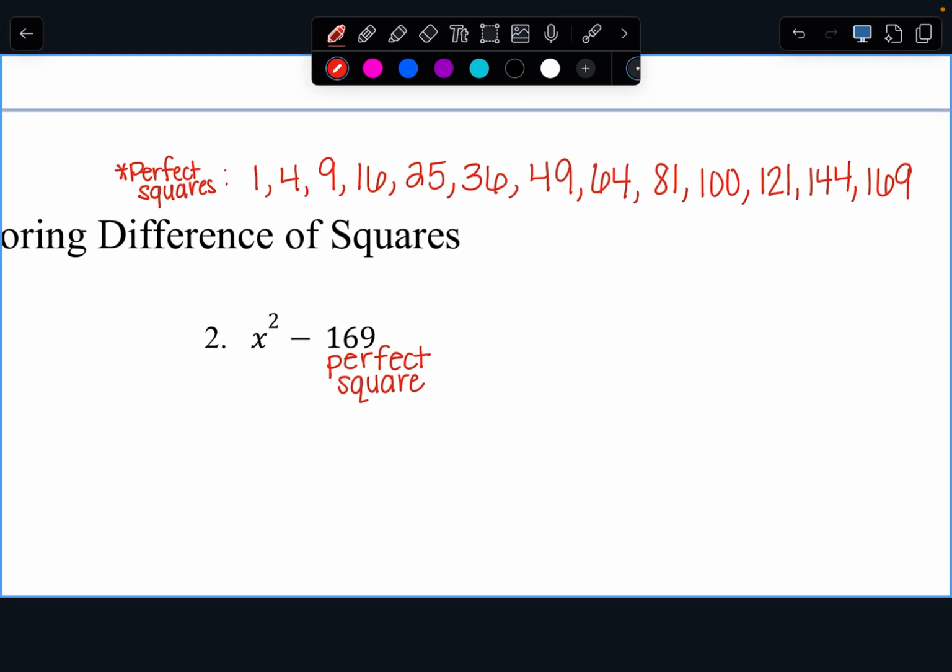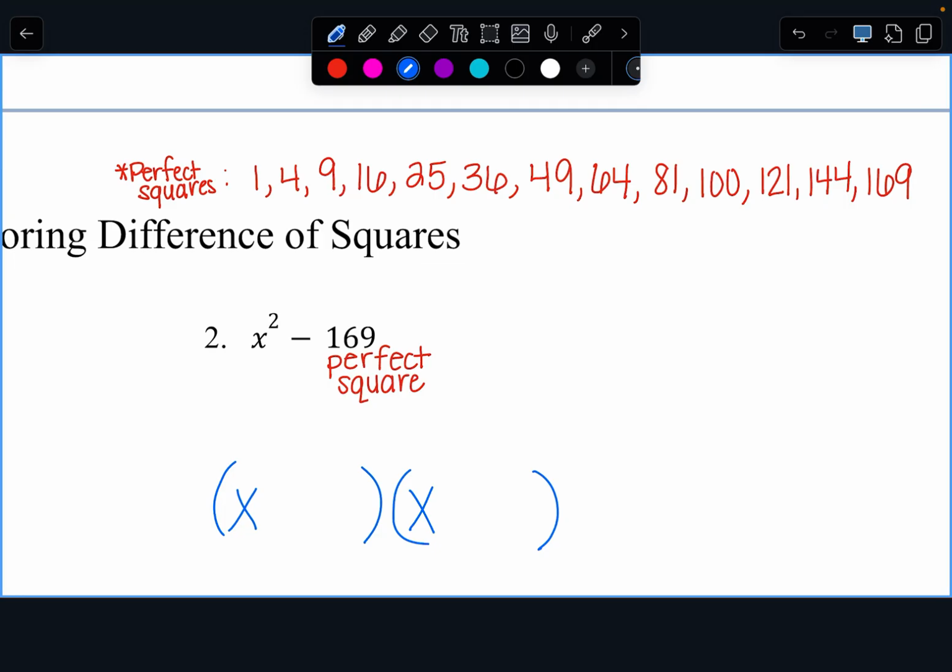So for number 2, because 169 is a perfect square, and so is x squared, and there's a minus sign in between, we can go right into our 2 factors. To get x squared, that's x times x.